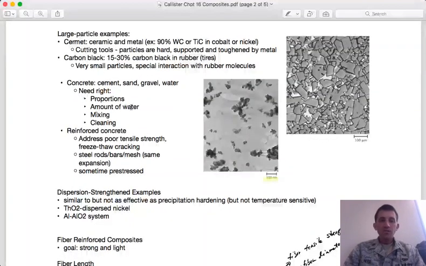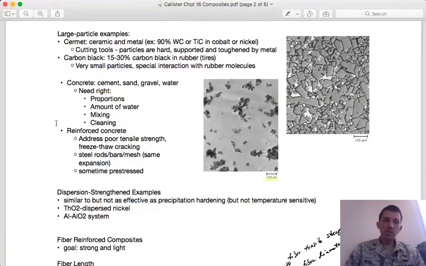Another example is concrete. We talked about concrete in the context of processing ceramic materials, about how you have that chemical reaction, the hydration of the cement, to solidify concrete as a ceramic material, since you can't cast it or form it. And we didn't mention that it's a composite material, but it is. You have a combination of different materials, different phases: cement, sand, gravel, water.